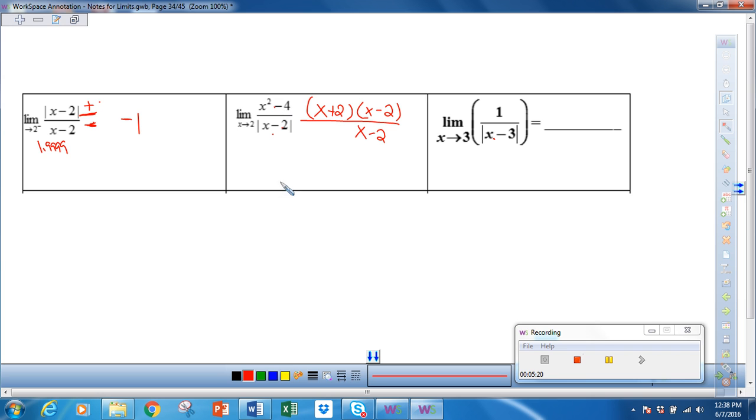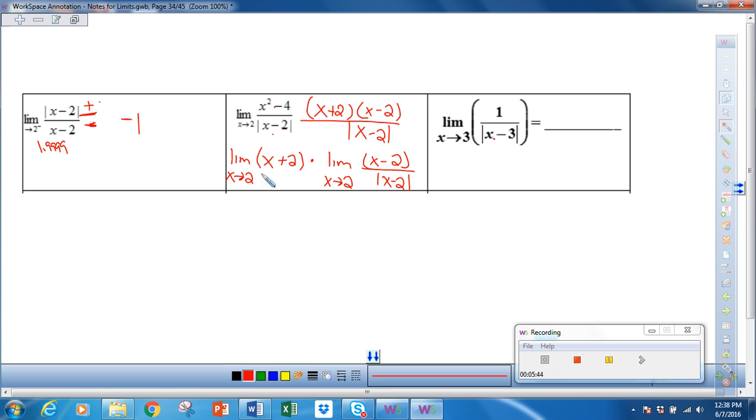Now remember from the properties that we did yesterday, I can write this as the limit as x approaches 2 of x plus 2 times the limit as x approaches 2 of x minus 2 over the absolute value of x minus 2. I can write that like that.